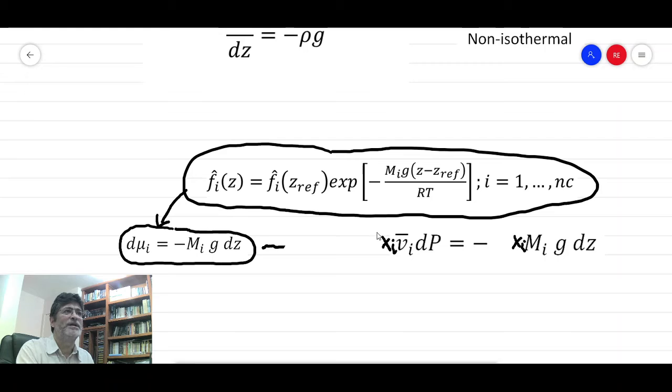And then you may sum up over all the components.